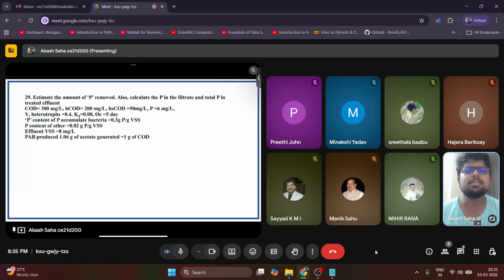These are a few things which you may learn in your higher studies, but for now it is not required. I have just shown this problem to give a context of what kind of problems we can solve with phosphorus accumulating bacteria. Then the yield, the decay constant, the BSRT, all those things will be given.